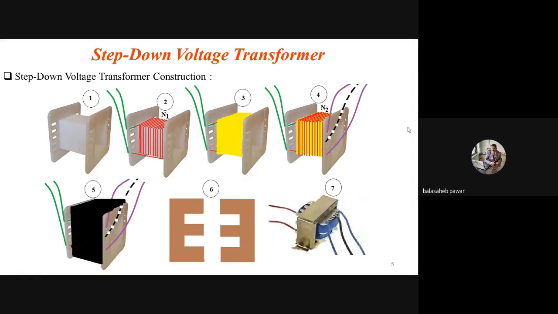But there is no physical contact between the primary applied signal and the obtained secondary signal, and that's why it is known as an isolation transformer. And if it is a step up transformer, then the secondary voltage is greater than the applied primary voltage.